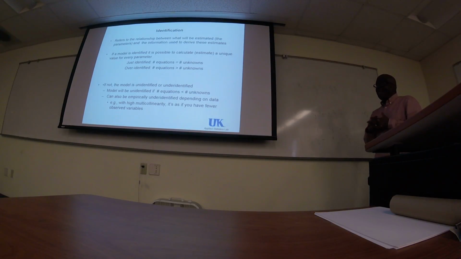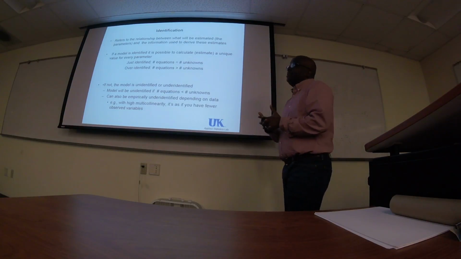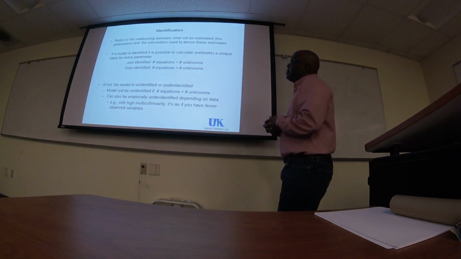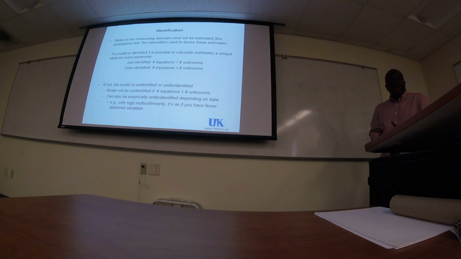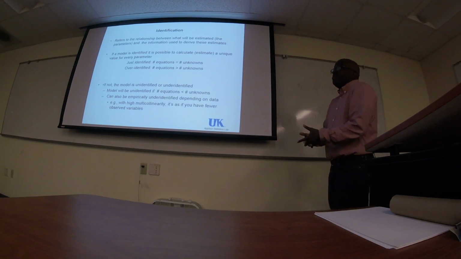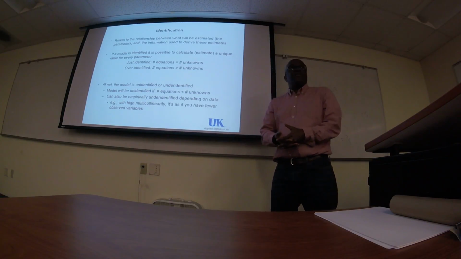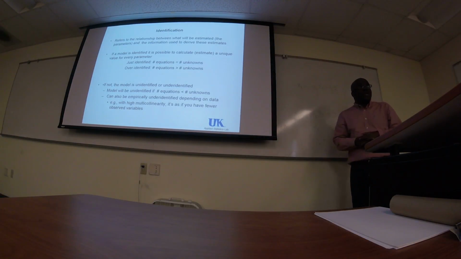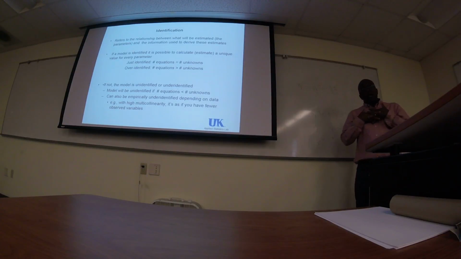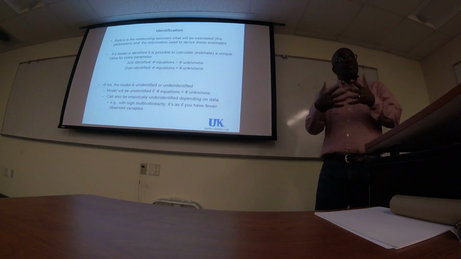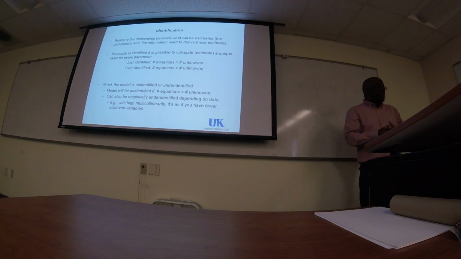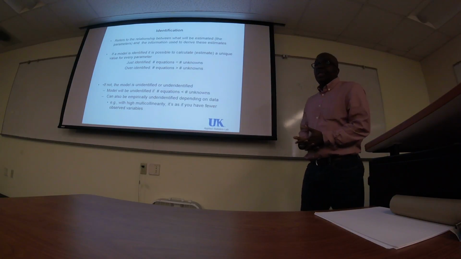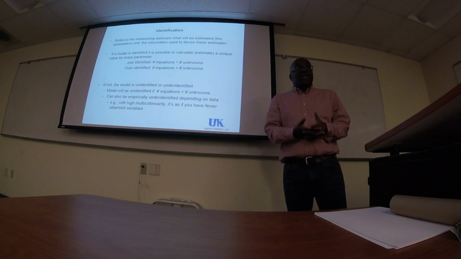The identification step is important because the number of equations should be equal to the number of unknowns, or the number of equations should be greater. You cannot have more parameters you want to estimate in the model than the number of equations that you have to estimate them. This makes it different.